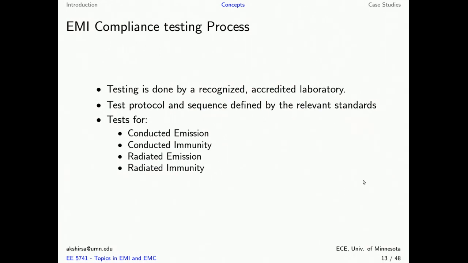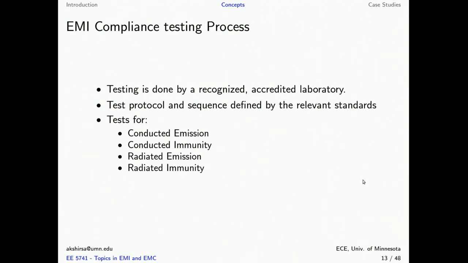Now before we go ahead, just a quick summary of the EMI compliance testing process. As I mentioned before, whenever a product needs to be sold, it has to be certified, or it has to be ensured that it complies with the EMI and EMC requirements in force. This is usually done by a recognized accredited laboratory.